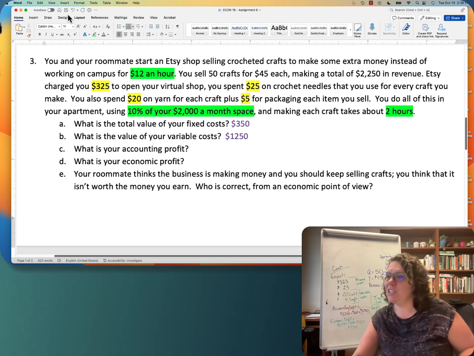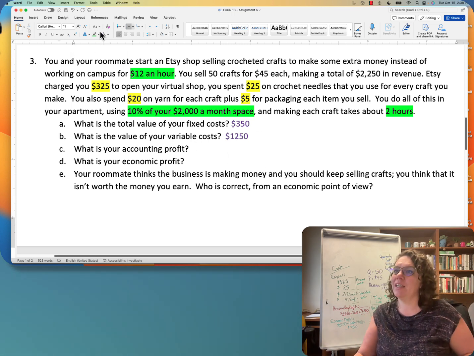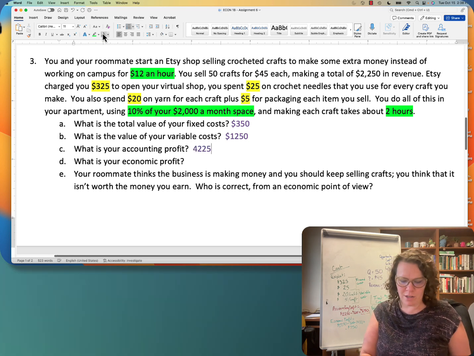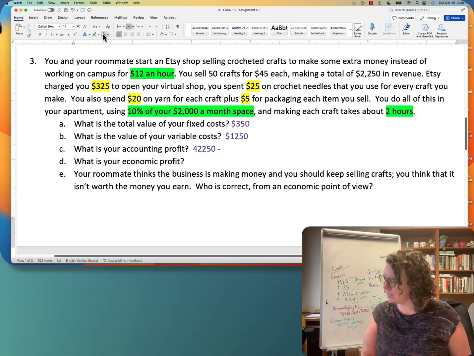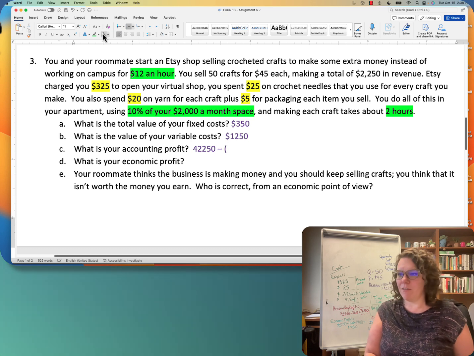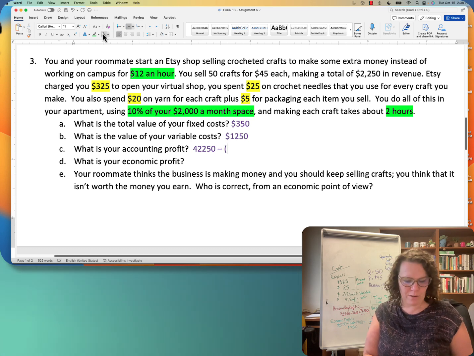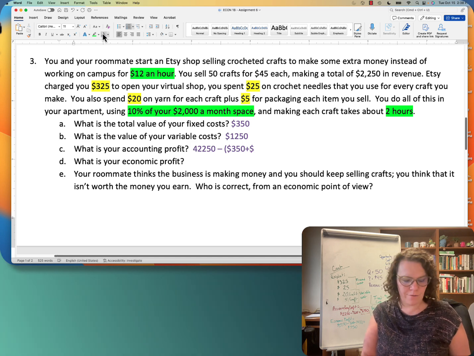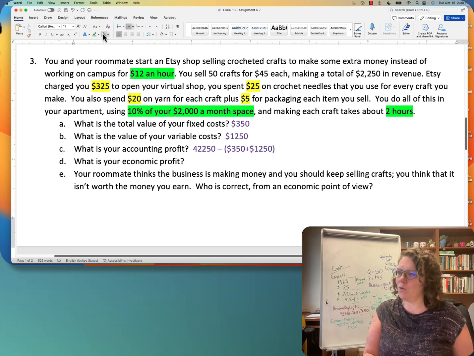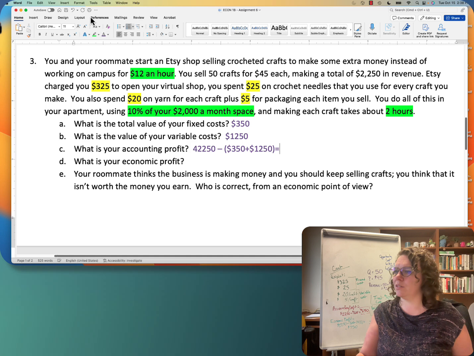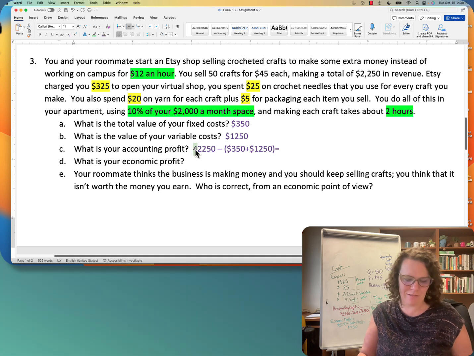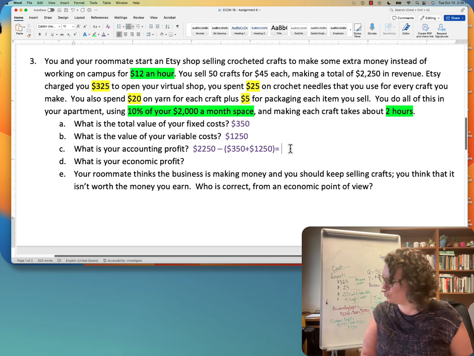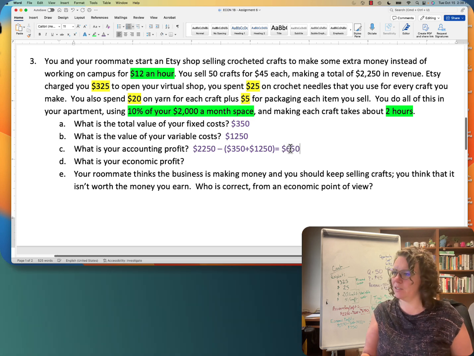So let me fill in the rest of these. The accounting profit is going to be revenue minus the fixed costs of $350 plus the variable costs of $1,250, for a total of $650.